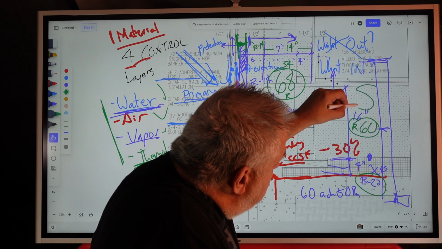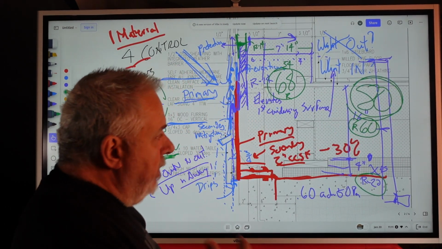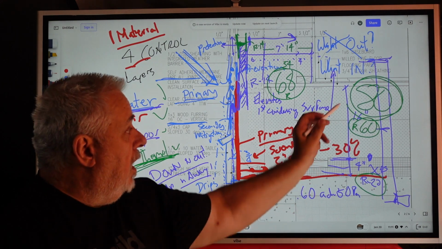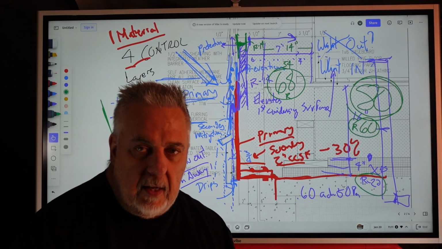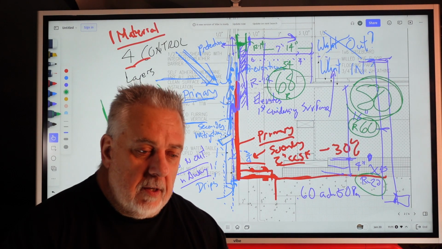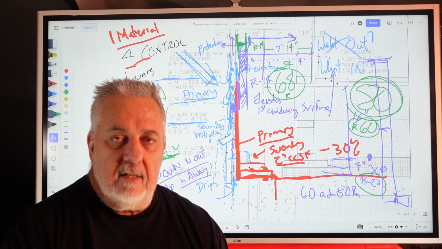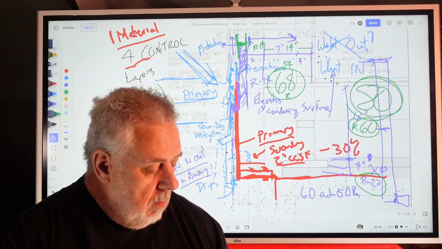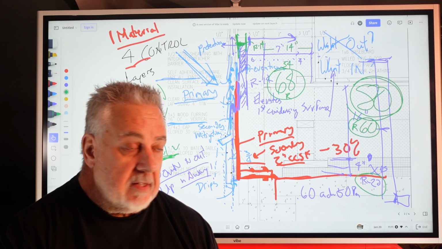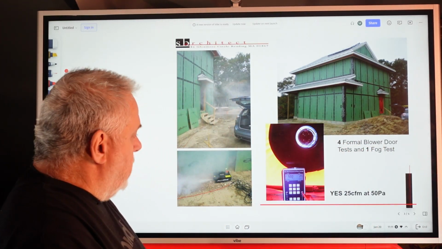So that gives us a grand total of R80 on that floor system. So R80 up to R68, R70. As we turn the corner, you can see that's how we met our enhanced insulation package to certify as a passive house. So I threw this picture up.